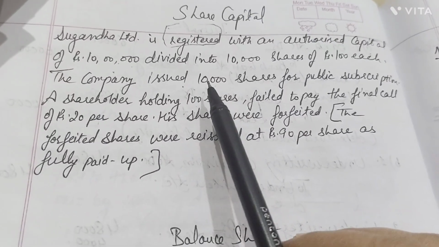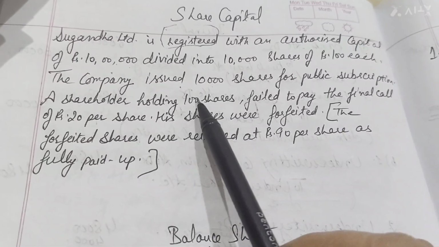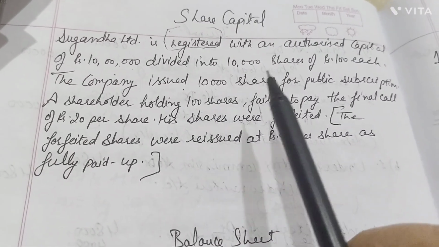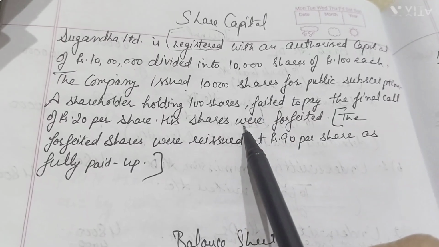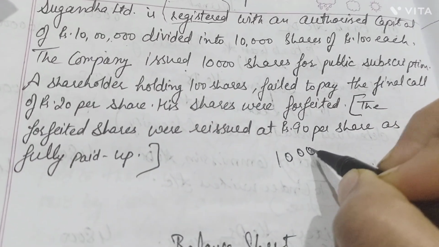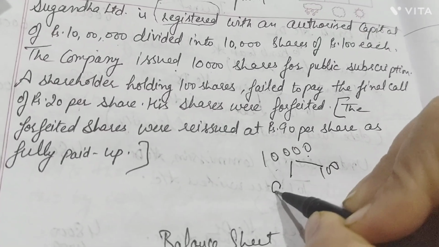So 10,000 shares were subscribed by the public, out of which 100 shares did not pay the full amount and their shares were forfeited.